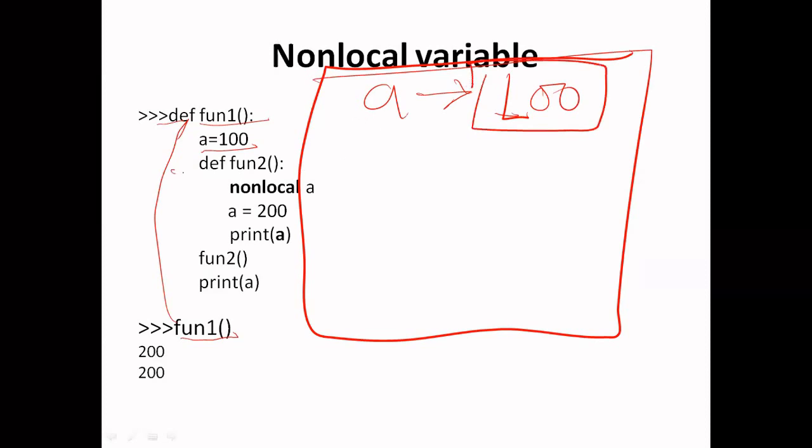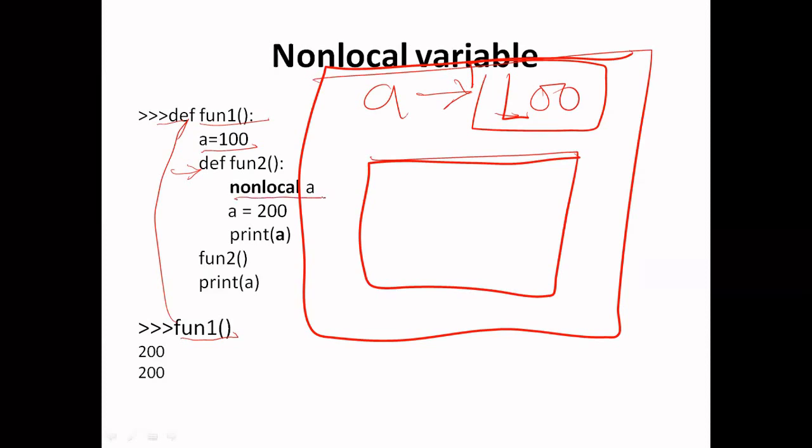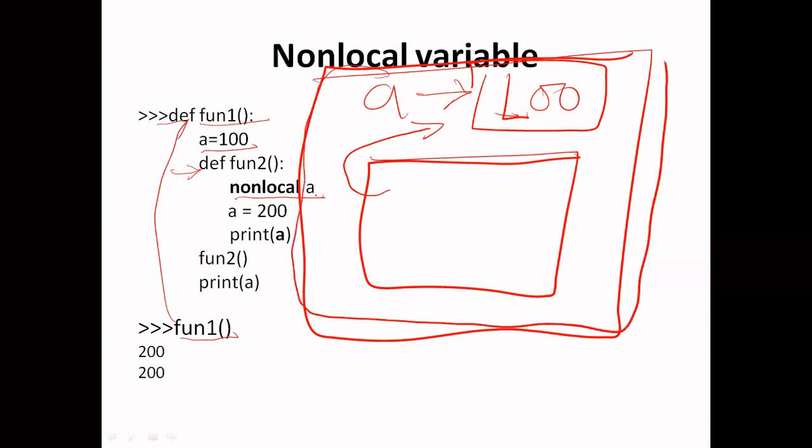And when control comes to this point, at the function 2 definition, another local namespace will be created, and inside this local namespace I have written nonlocal a. That means this variable a will be searched outside this local namespace, that is, in the outer namespace.